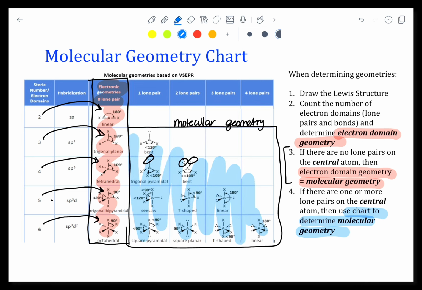So if you have lone pairs, you're going to want to look in that portion of the chart when I ask specifically for the molecular geometry. If we're asking for electron domain geometries, it doesn't matter if there are bonds versus lone pairs, it's not going to change the geometry. But if I'm asking about the molecular geometry, the lone pairs matter.